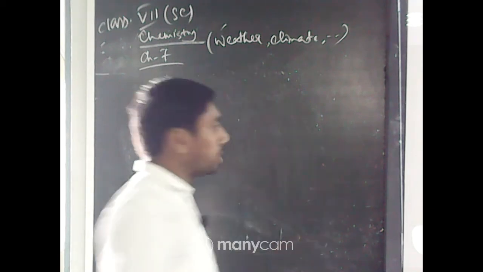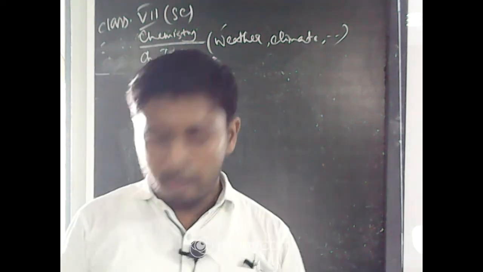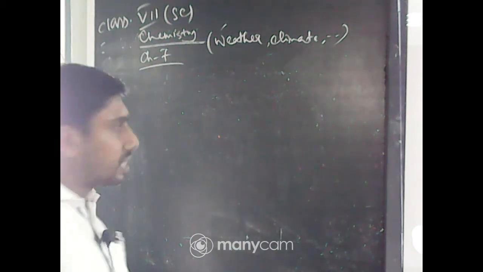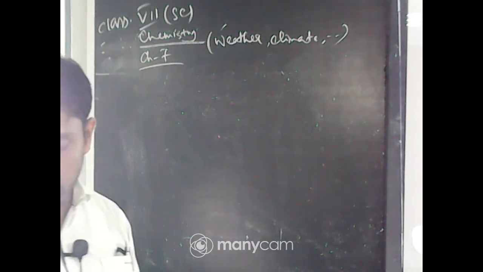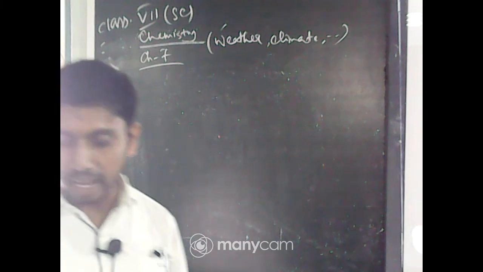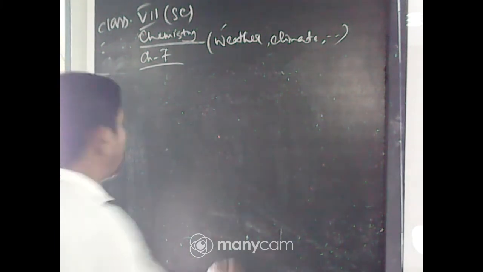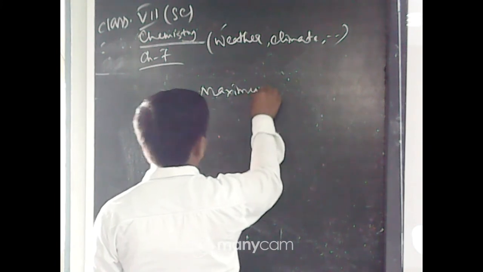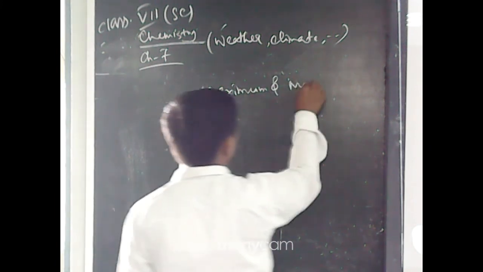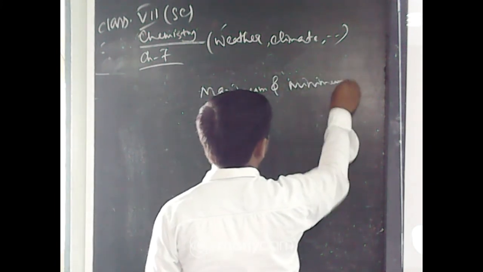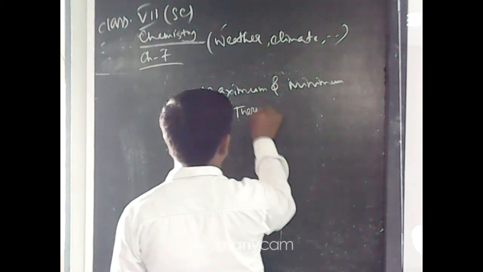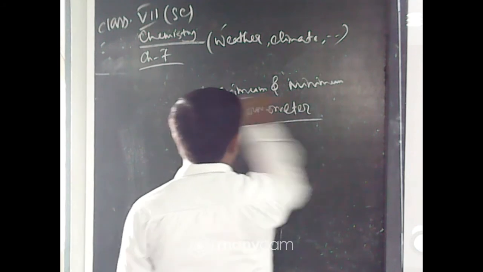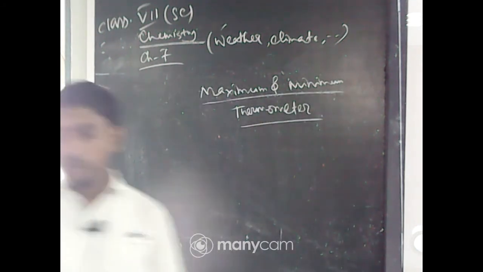Okay, now coming to the point, concentrate on page number 70. Now you can see that on page number 70 the bold words are there: maximum and minimum thermometer. Now what is this?